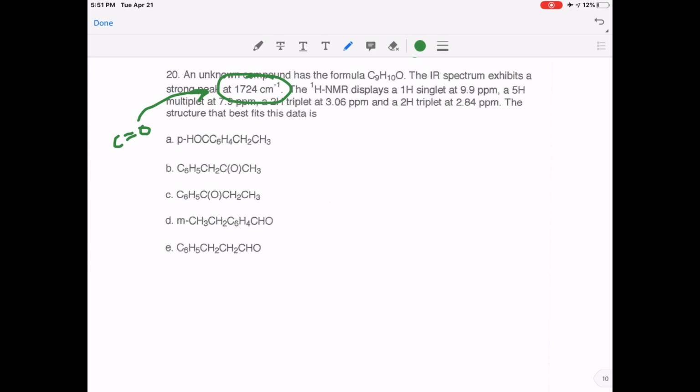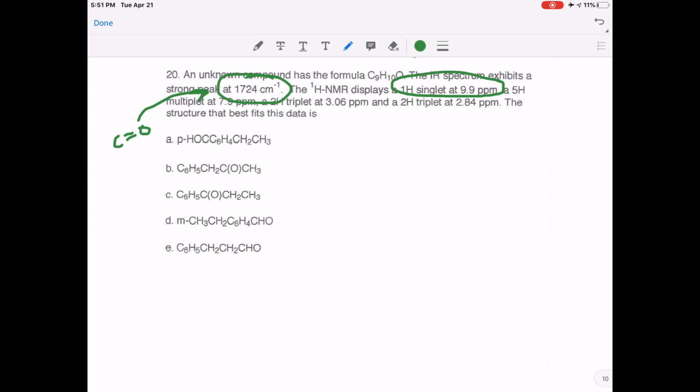So then the next set of data we have to go through is the proton NMR data. We see that there is a singlet at 9.9 ppm, a multiplet at 7.9, a triplet at 3.06 ppm, and a triplet at 2.84 ppm.